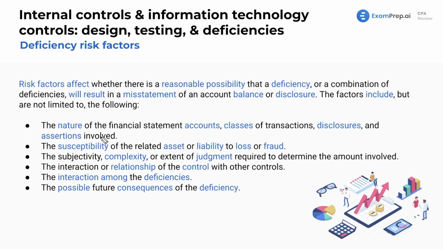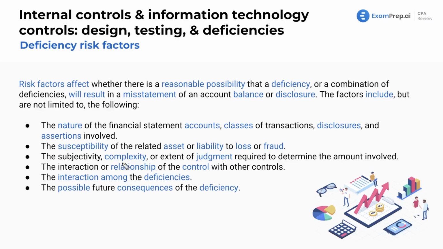If they are more complex transactions, that's obviously a concern. Then the susceptibility of the related asset or liability to loss or fraud. When it comes to cash, there is much more concern and susceptibility than, let's say, inventory or physical PP&E. It's harder to steal a warehouse than it is to steal some cash out of the register.